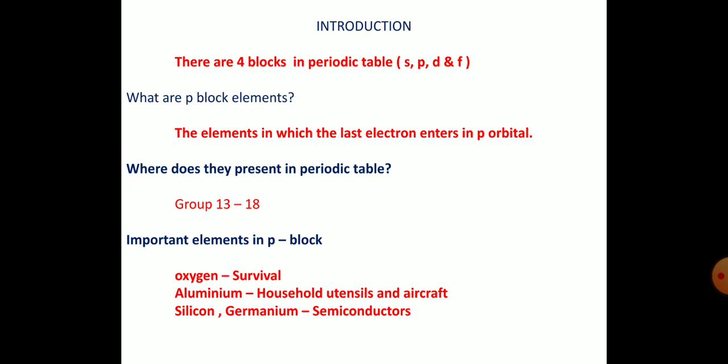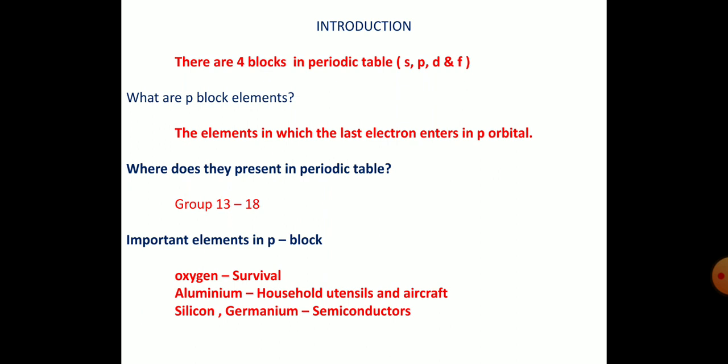Then we are going to have a look at the important elements from the P block. Dear students, we know that there is a gas which is very important, a must for living. What is it? It is oxygen gas, and oxygen is present in the P block. Oxygen is used for the survival of living things. The second one, aluminium. Aluminium we use in our households in so many ways, and it is also used to make parts of aircraft.